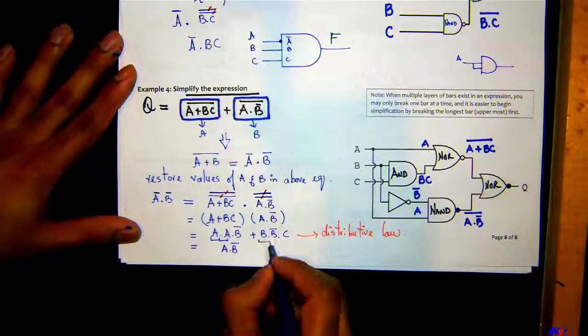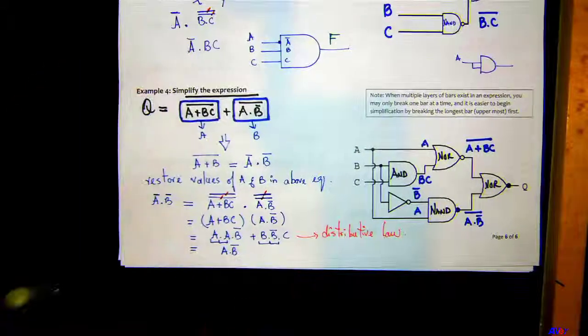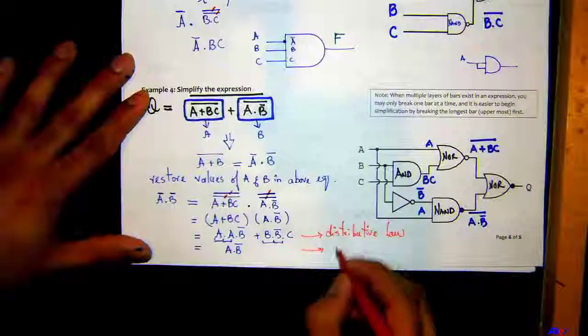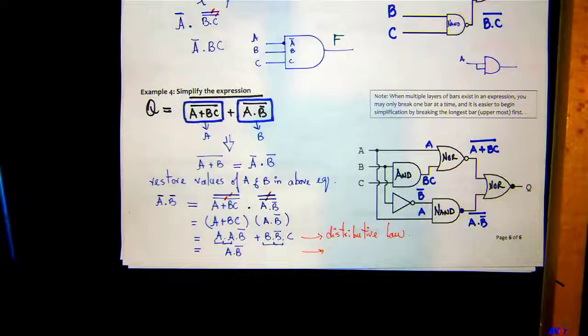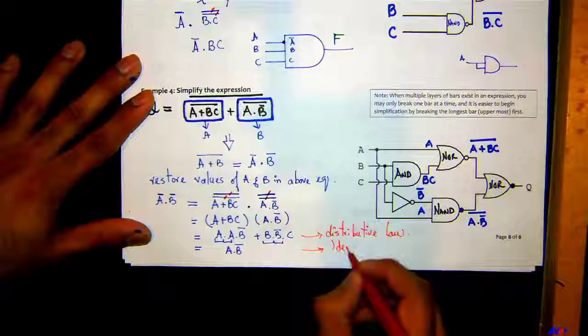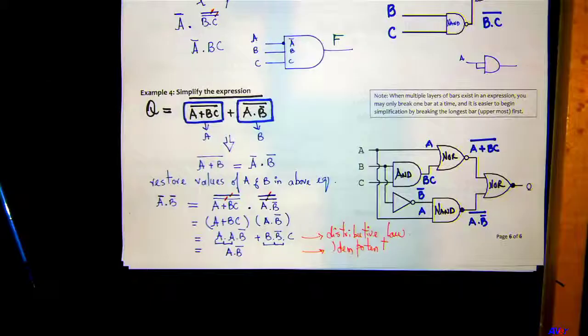What is going to happen to this B dot B bar? That is 0, right? So basically, here you are doing the, what was the A dot A rule? Idempotent. And B dot B bar was what?